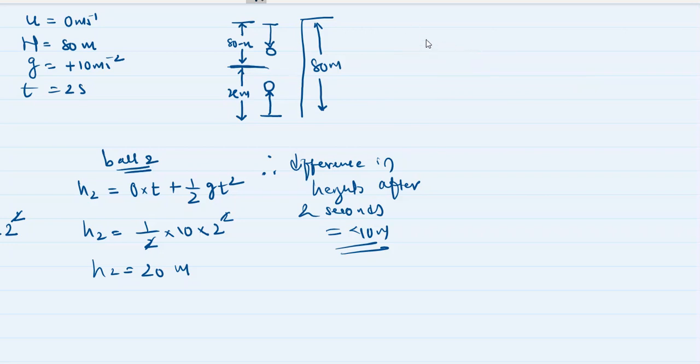See, the formula for displacement, that is height or displacement, S is equal to ut plus half at square. Correct? So for both the balls, we can make up this formula, S1 and S2.